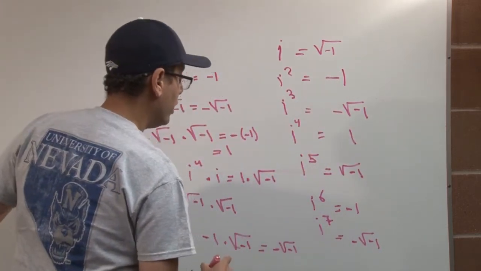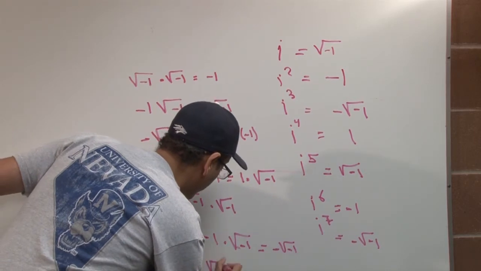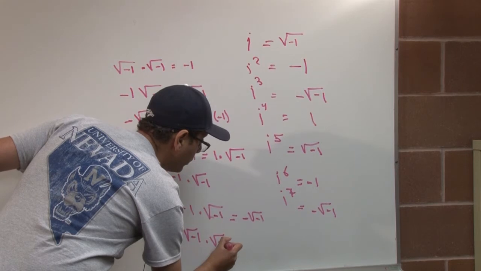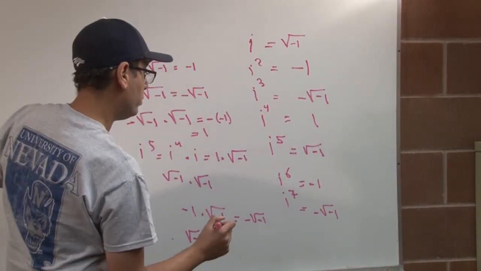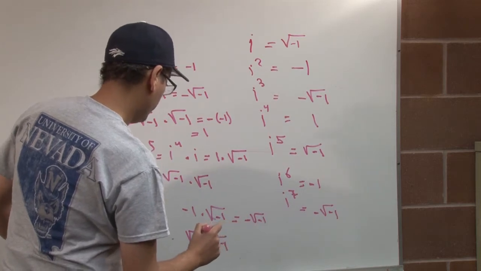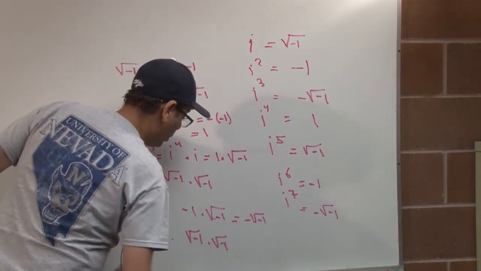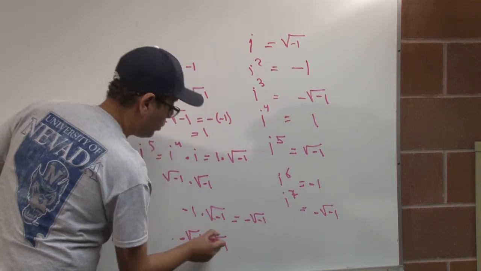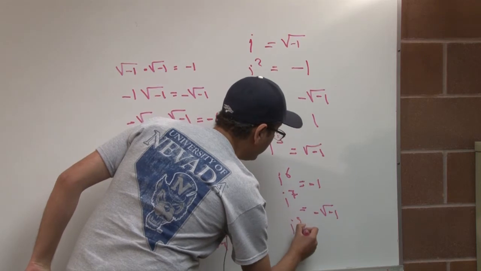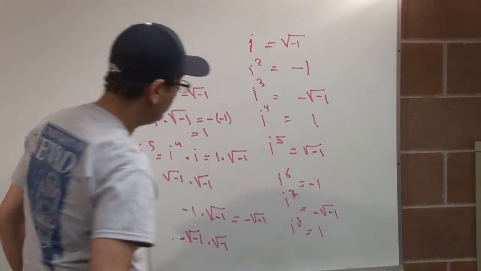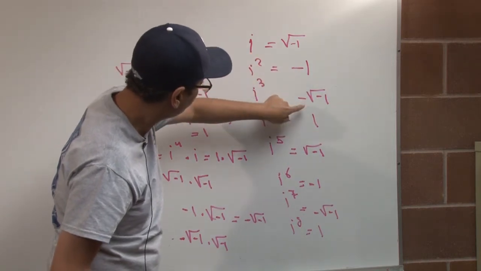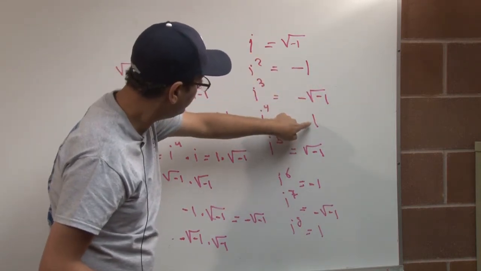And i to the 8 is negative square root of -1 times the square root of -1, which gives me 1. So look here: square root of -1, -1, negative square root of -1, and then 1.